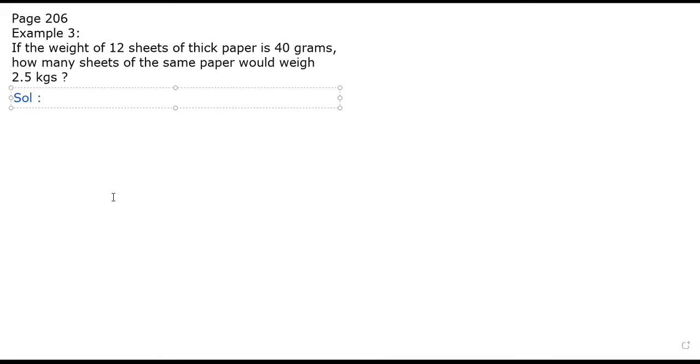Children, what is proportional to what? Number of papers and weight. Correct. So what are we going to write? The given information can be tabulated as. Yes or no?